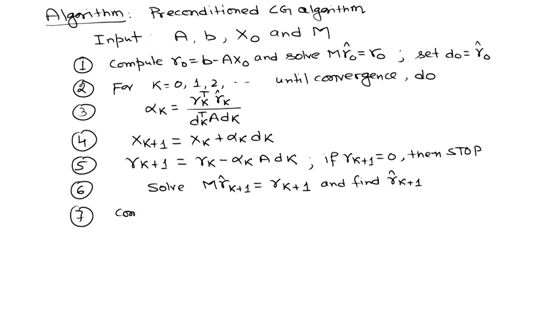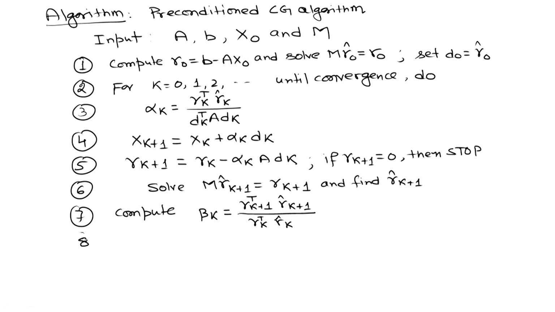Then compute beta k, which is r k plus 1 transpose into r k plus 1 cap upon r k transpose into r k cap.